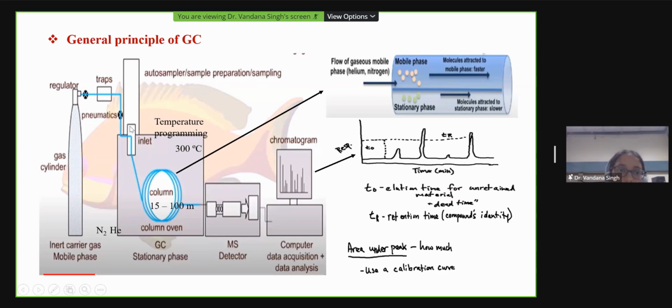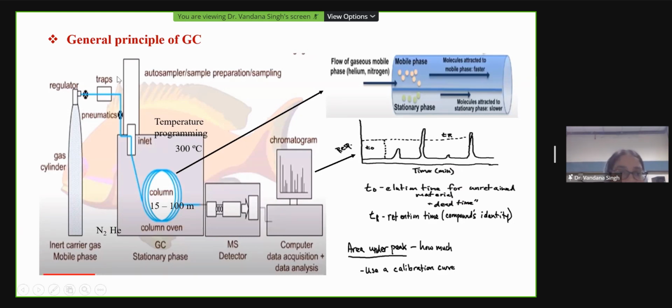This split injection is generally used for higher sensitivity. However, it is only used when we are confident of the concentration of our analyte, because only part of the sample is getting injected, so the concentration of our analyte should be sufficient in that sample.